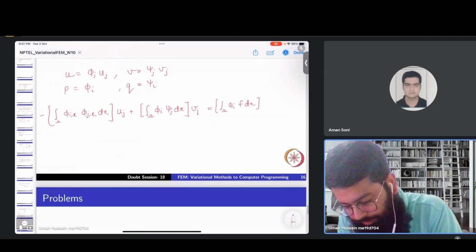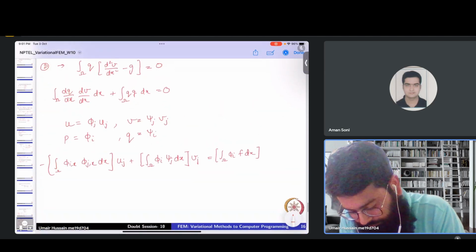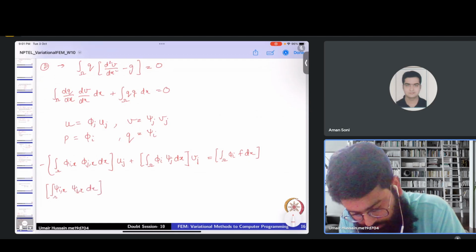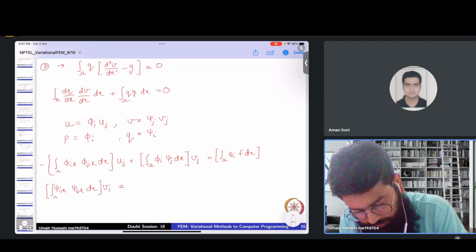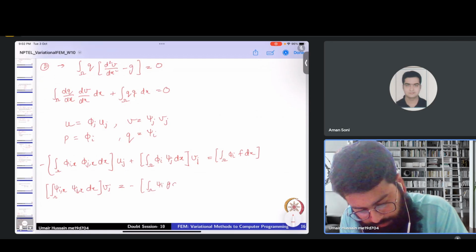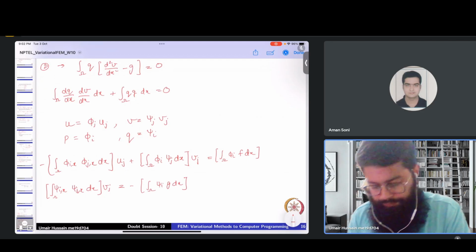Then for the second equation we'll have psi i comma x psi j comma x, v j. Then we have minus of psi i g dx.